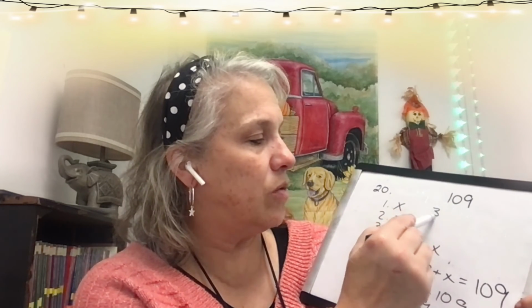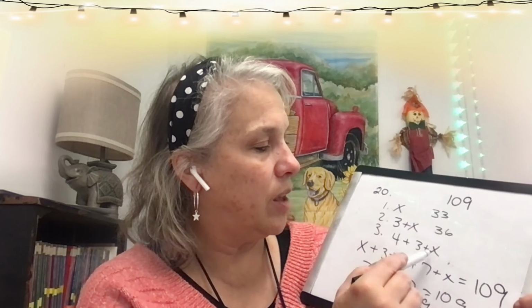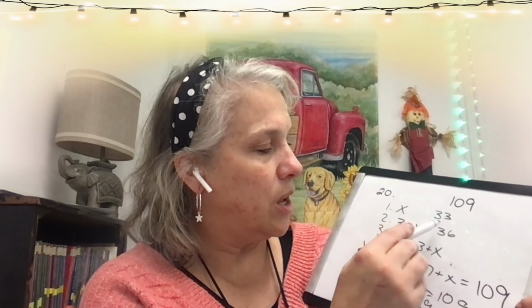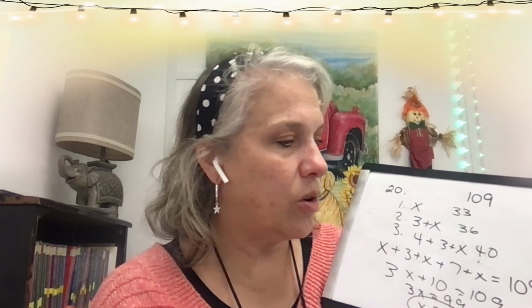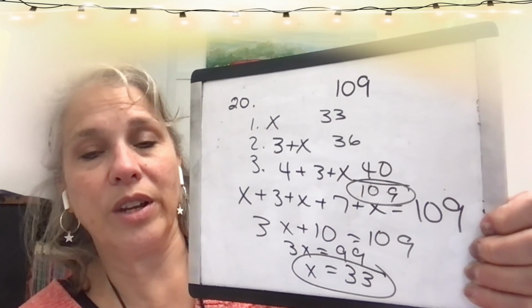If x is 33, then the second one would be 36, and the next one would be 40. Okay, so it says the sum of 3 numbers is 109. So add them up: 33, 36, 40. All 3 of them add up to 109. So it looks like it checks out. And that is the end of page 39.